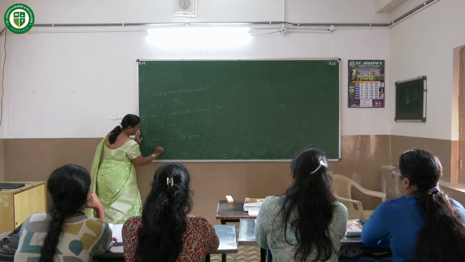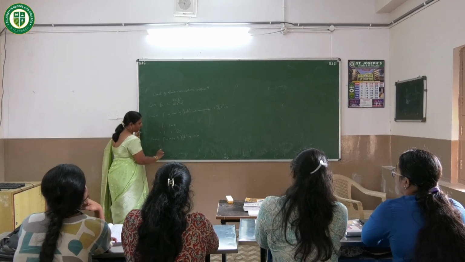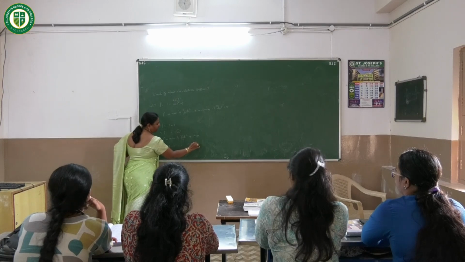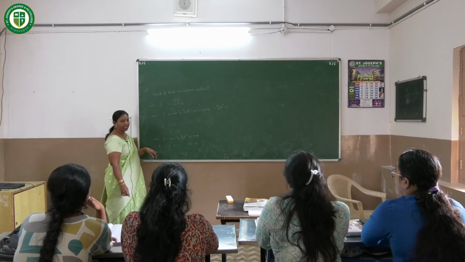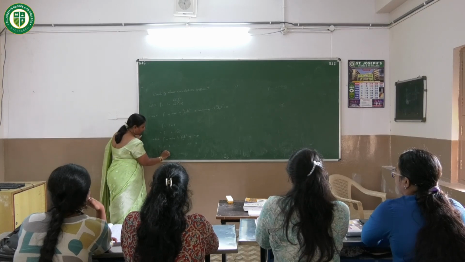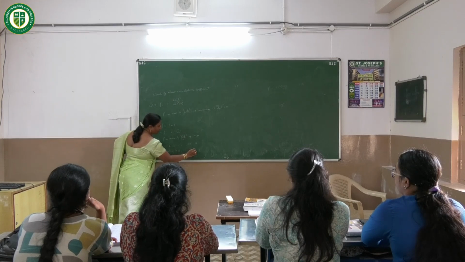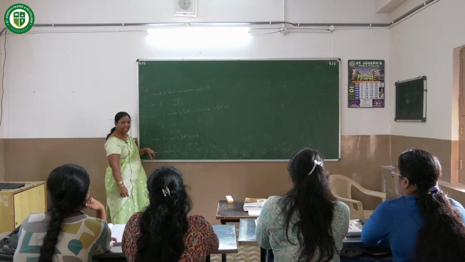That is, xi is the ranks of character A: 1, 2, 3 and so on, n minus 1, n. Y is the ranks of character B, in opposite direction, so here you will get n, n minus 1, n minus 2 and so on to 1. Observe the ranks of xi and yi, they are in opposite direction.